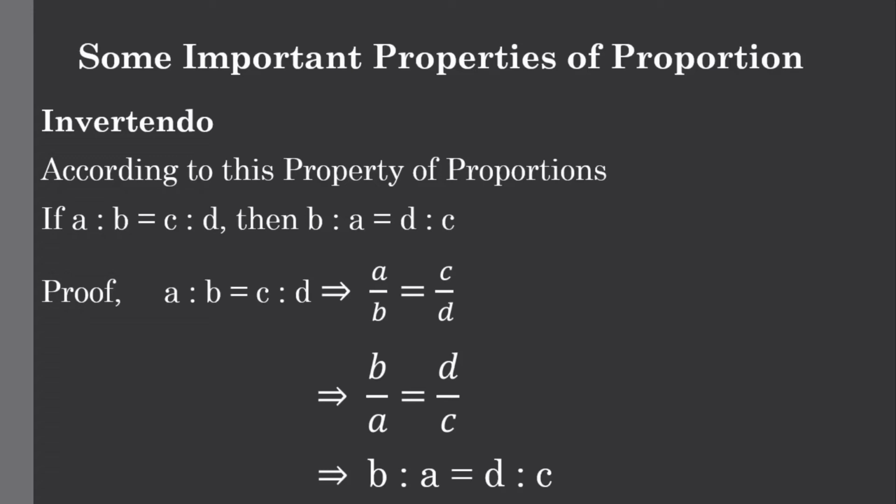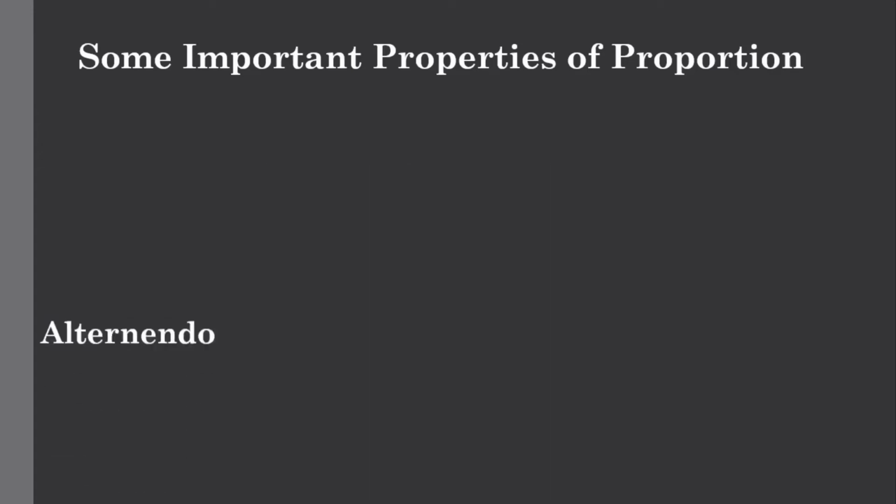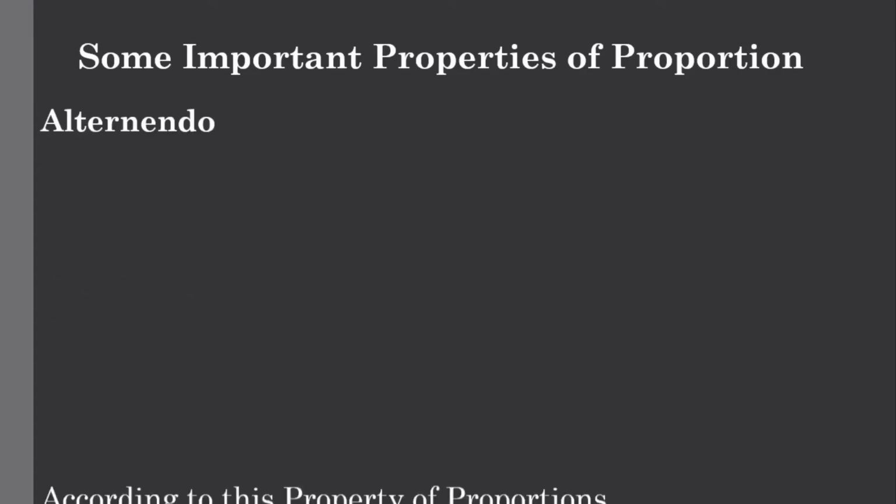We are doing nothing here, we are just inverting the ratios. If A is to B is a ratio, we are inverting it to B is to A.